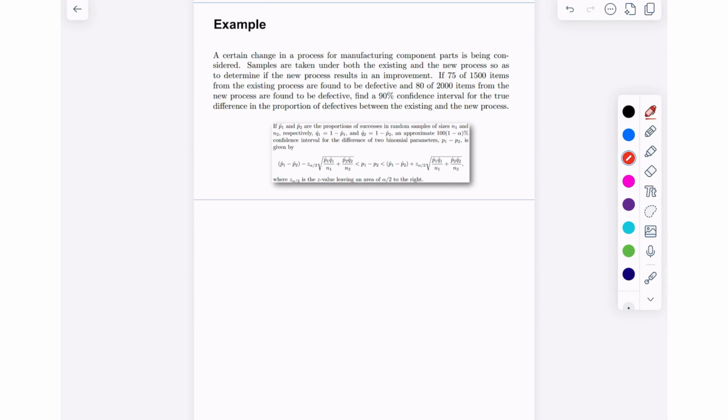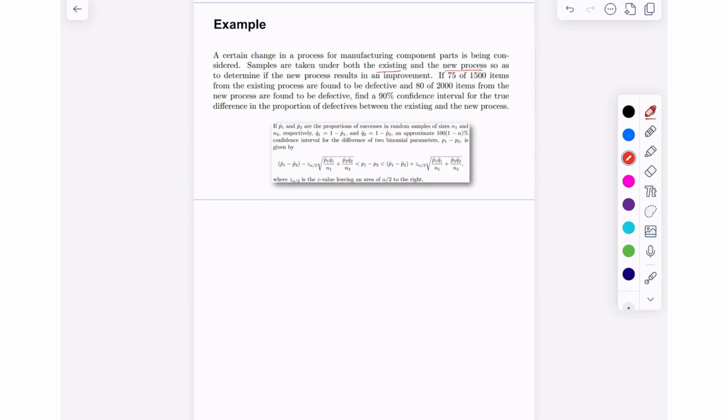Okay, we look at the example. A certain change in the process for manufacturing component parts is being considered. Samples are taken under both the existing and the new process. So you know there are two cases, the existing and the new process, so we consider two samples in this case.